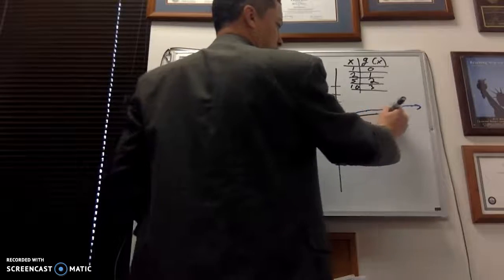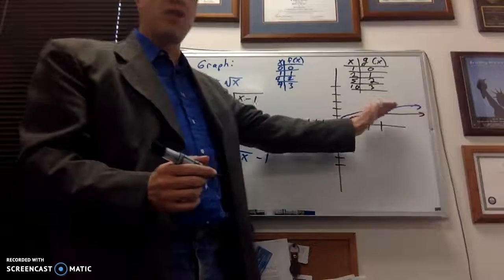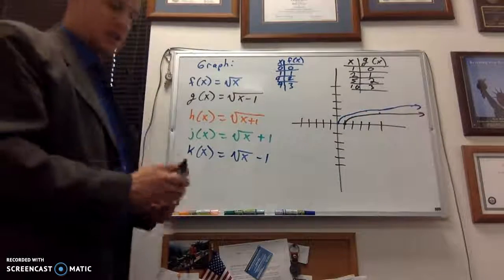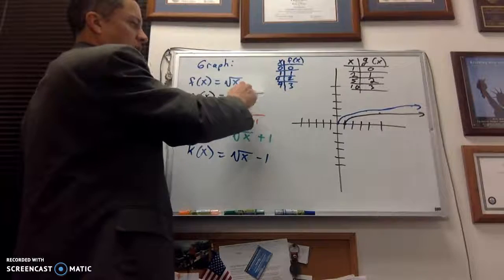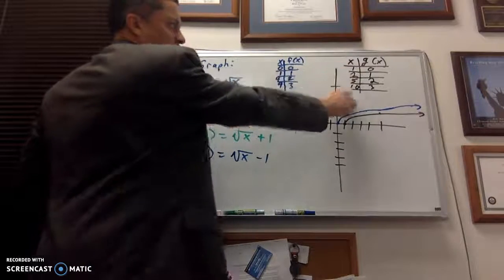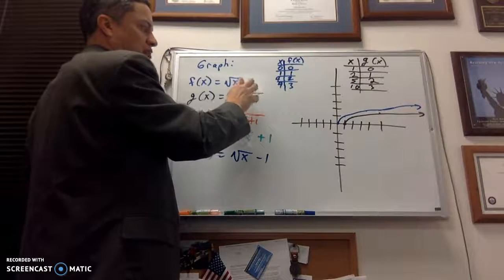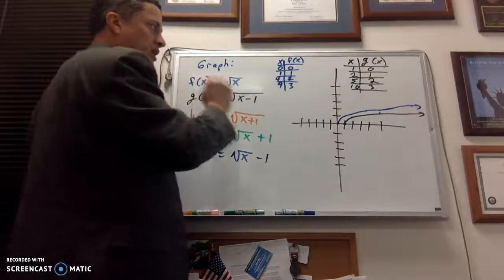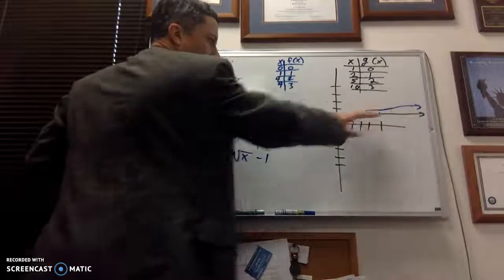See what's happening there? My graph is shifting 1 unit to the right, correct? Which coincides with what's been happening with my x values. In order to make this thing work for me, I had to increase my x values by 1 unit in order to come up with nice perfect squares there. So because I'm increasing my x values by 1 unit, it's making my graph move to the right one place.